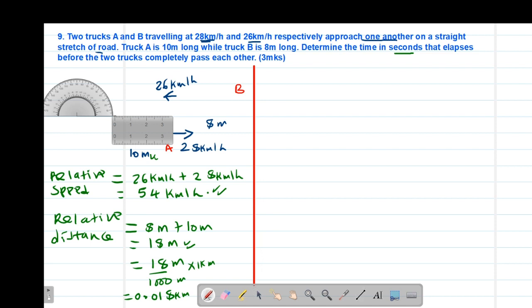Now that we have the relative distance and the relative speed, we can find the overtaking time.